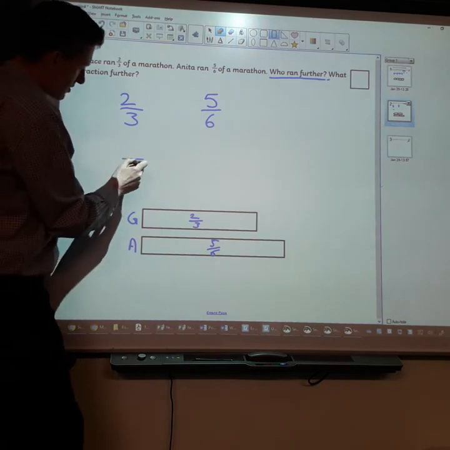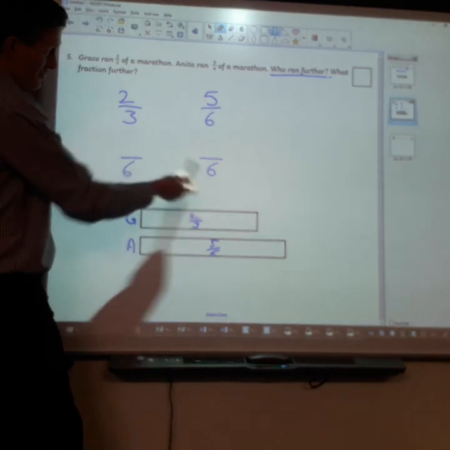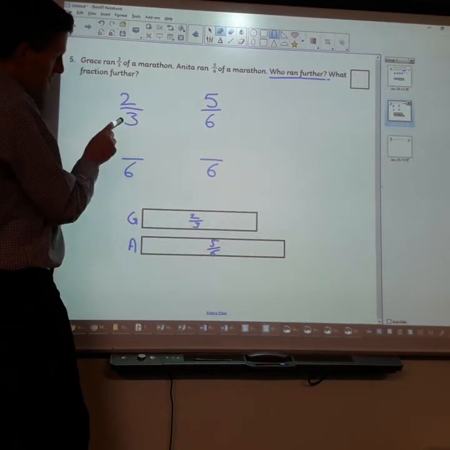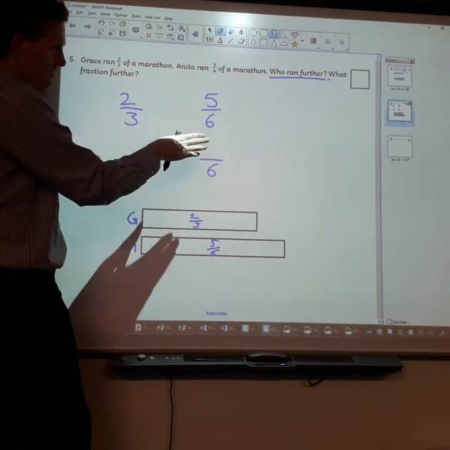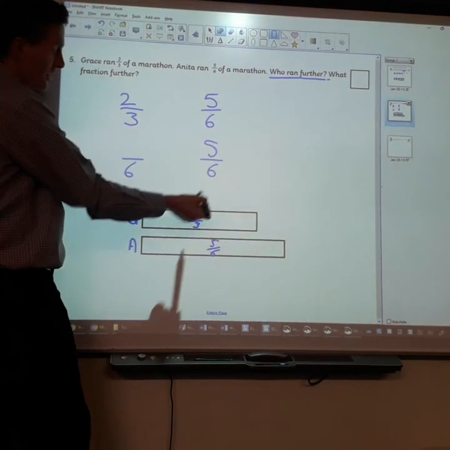So to look at them, I want them to look the same, so I'm going to take the denominator of 6. Hopefully you know by now why the denominator is 6. It's because the 3 times table goes 3, 6, 9, and the 6 times table goes 6, and so 6 is your common denominator. Now 5/6 is 5/6.